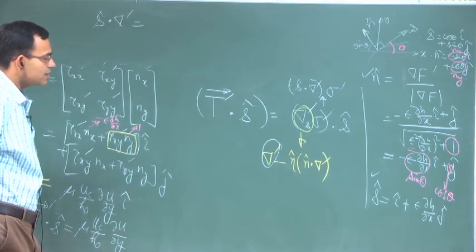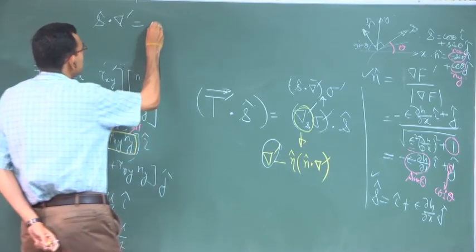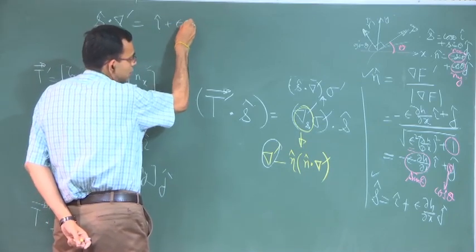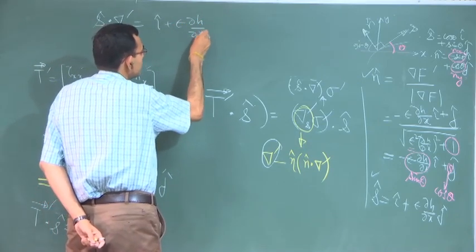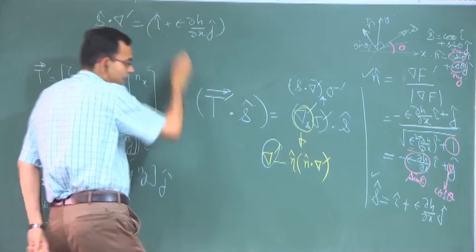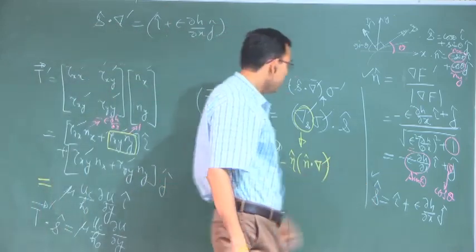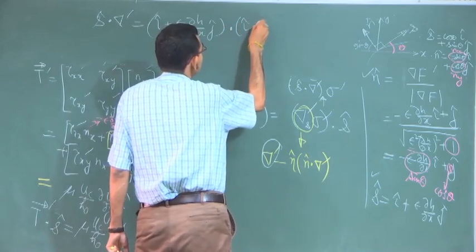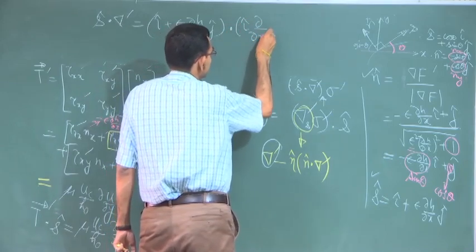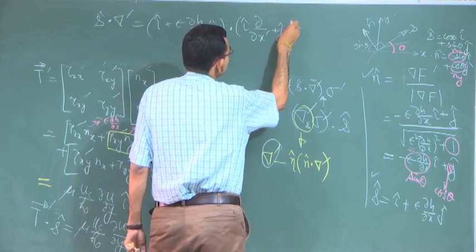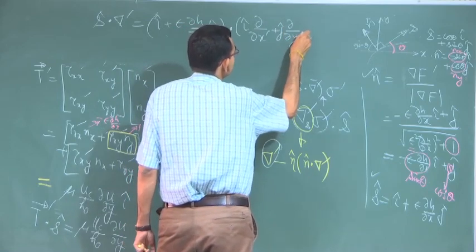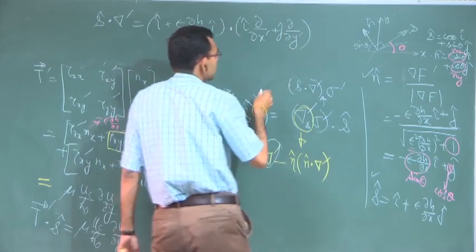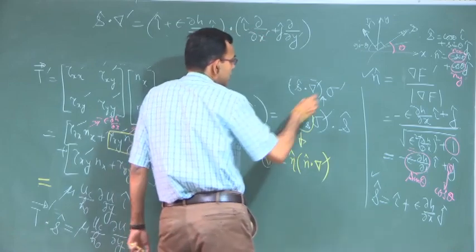S is I plus epsilon del H del x j, that is what is written on the right side of the board, dot of sigma dash.